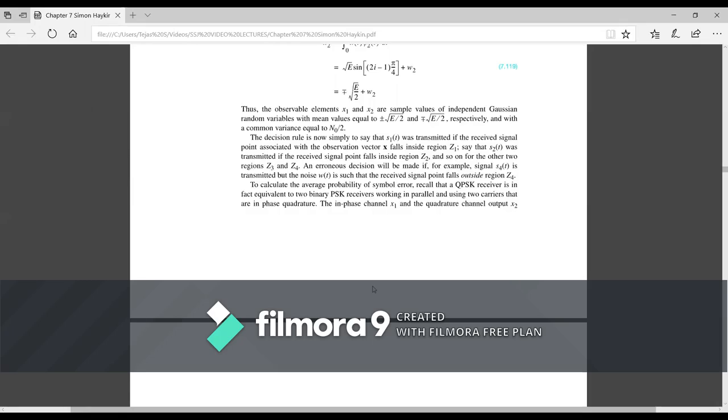Similarly, assume that signal S2(t) was transmitted and the received signal point falls inside the region Z2, and so on for the remaining regions Z3 and Z4. An error will be made if, say for example, signal S4 was transmitted, but the noise w(t) is such that the received signal point lies outside the region Z4.